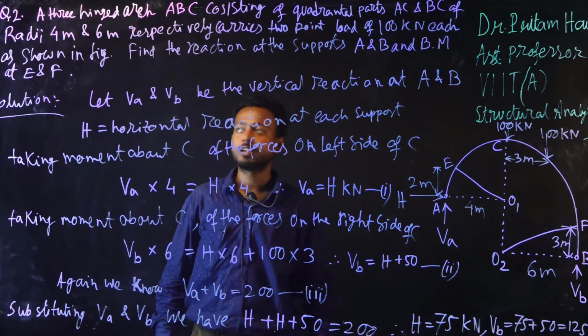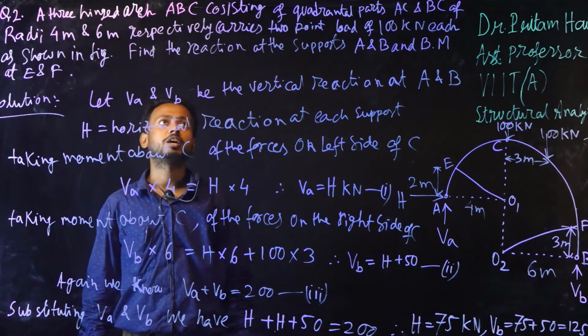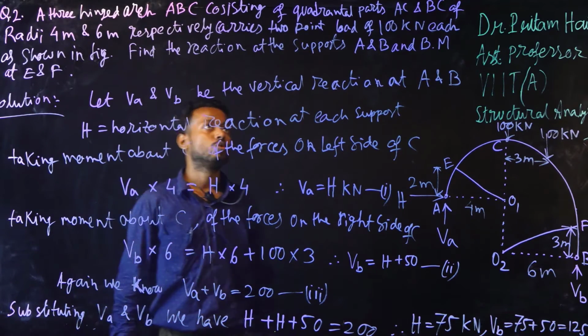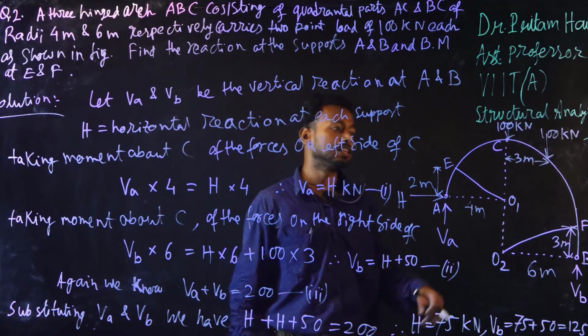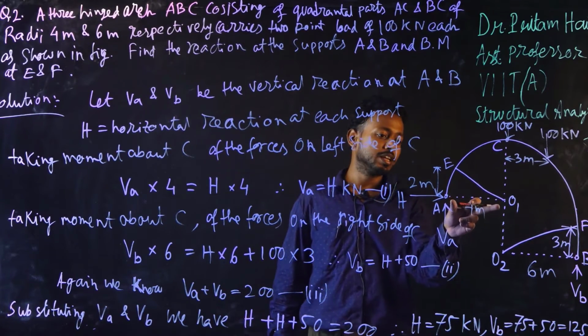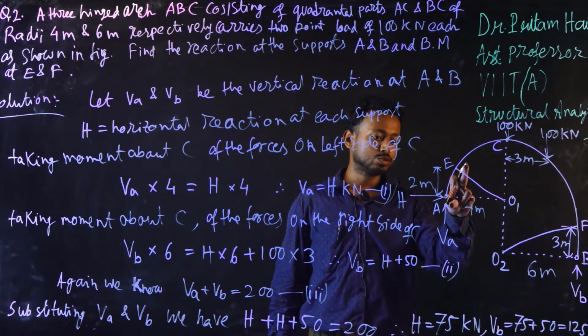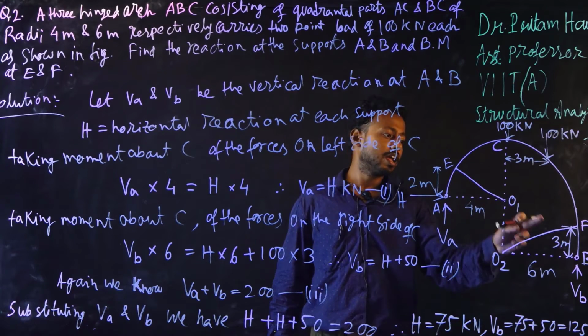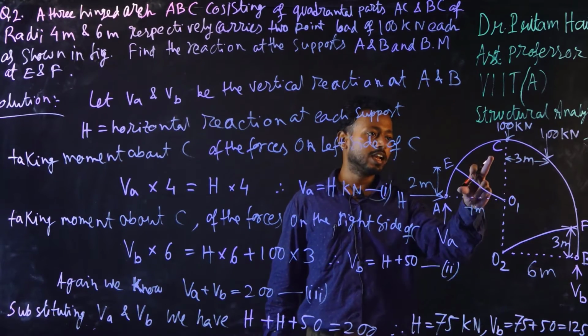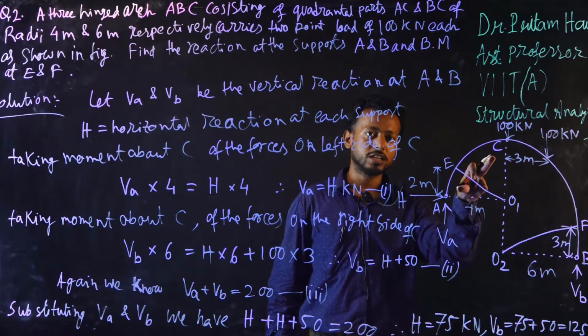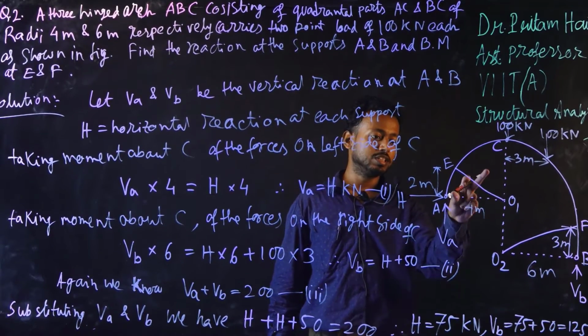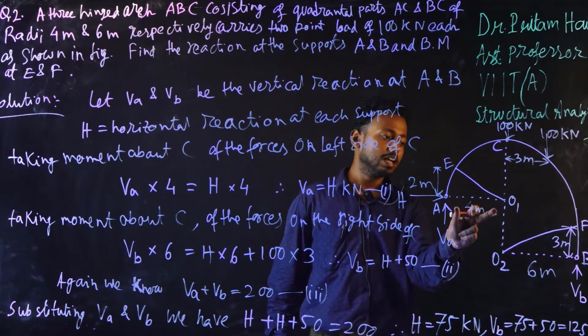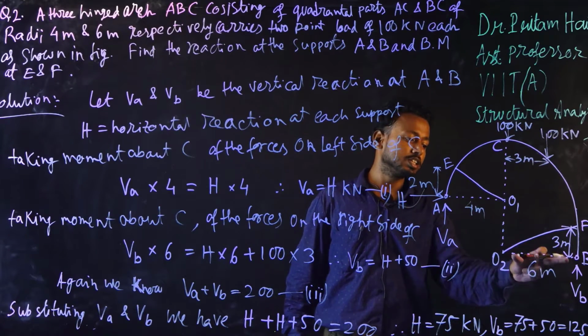So let's solve the second problem. We have a 3-hinge arch ABC consisting of quadrantal parts AC and BC. Here we have a 3-hinge arch. It has two quadrantal parts AC and BC, okay? And the radii of these two curvatures are different. The radius of the AC curvature is 4 meter and the BC curvature is 6 meter.